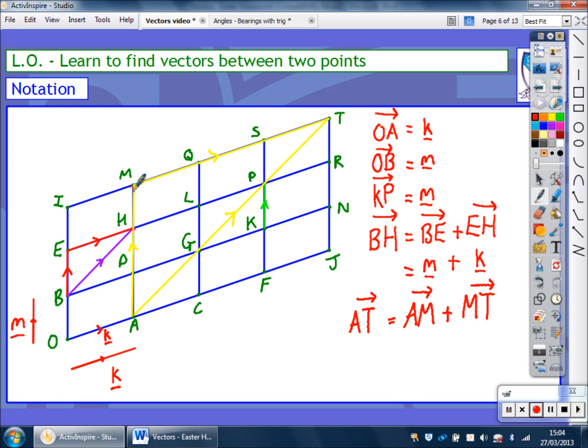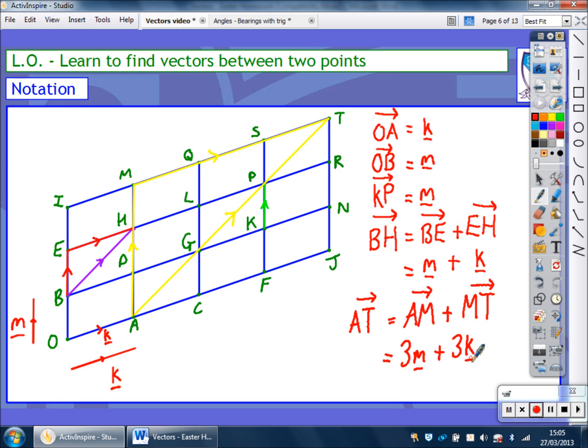So I could do M plus M plus M, or I could just say that there's 3 lots of the vector M. M to T is the same sort of idea. It's 3 lots of the vector K. So I'm going to add on 3 lots of vector K. Okay, and that's what the vector A to T is. 3M plus 3K.